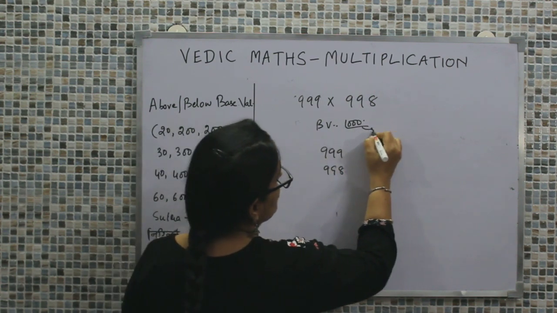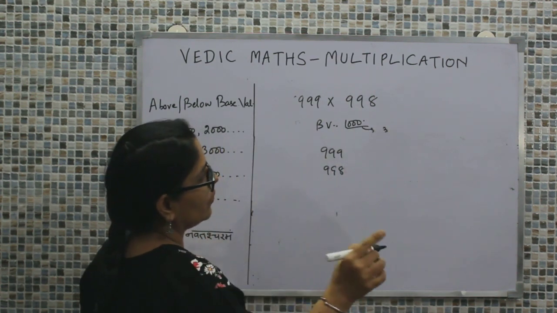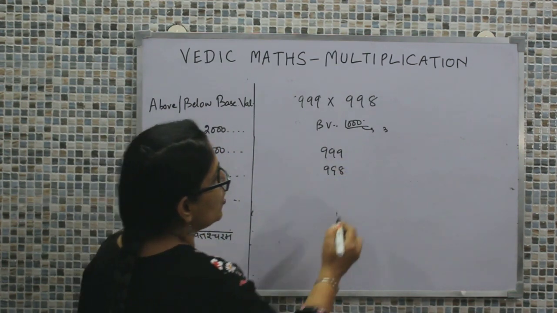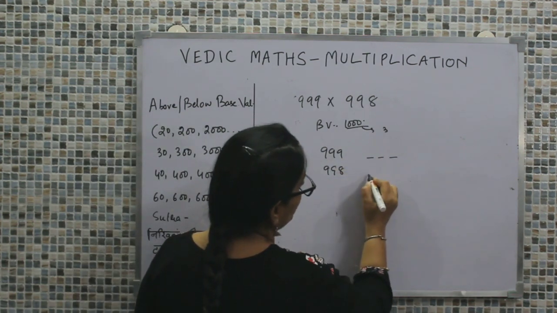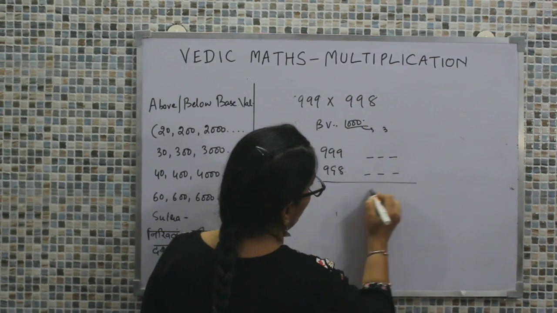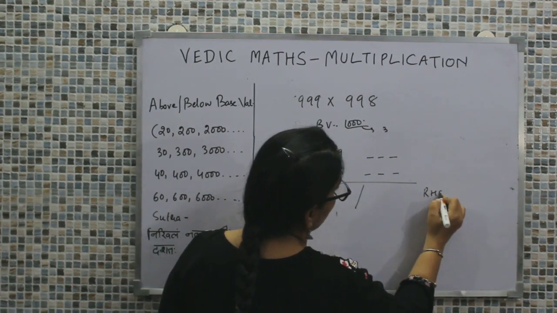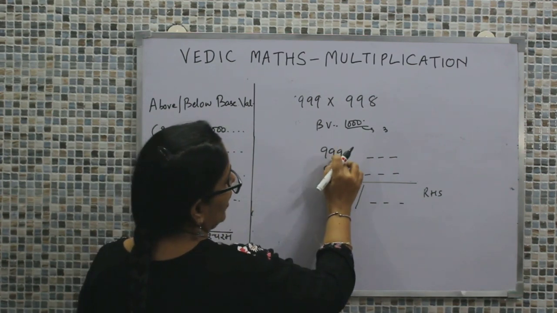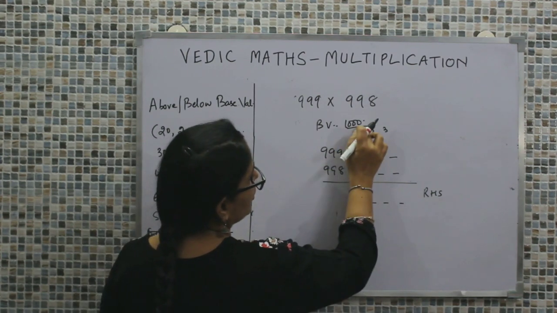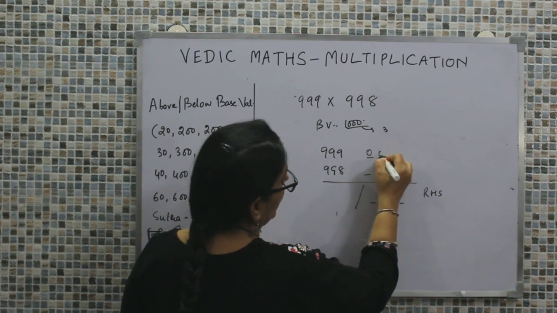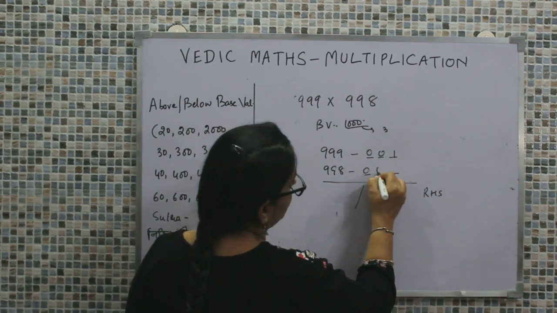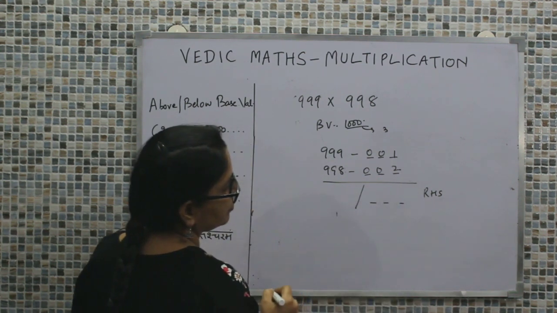Number of places 3. This 3 is defined by the number of zeros we have in the base value. So we have 3 over here, 3 over here, and the RHS portion will have 3 blank spaces. Now comparing this value, this is 1 deficient of 1000. Deficient means minus. This is 2 deficient of 1000.